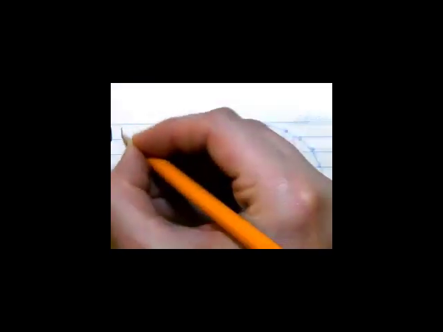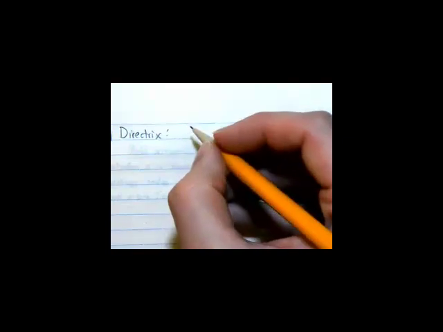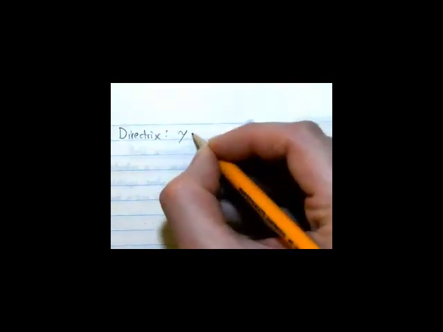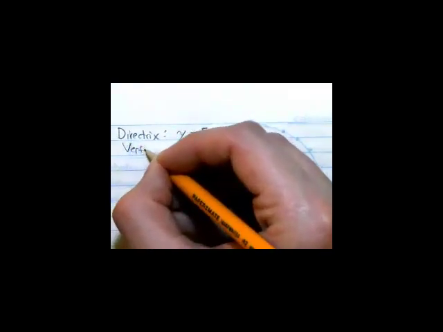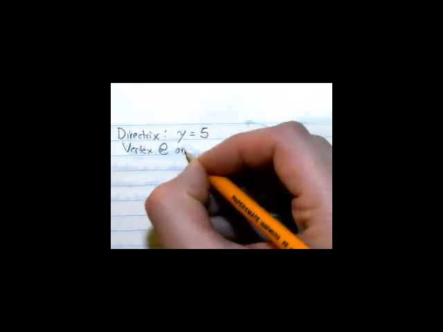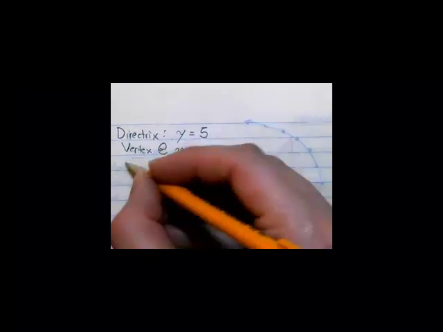Let's say the directrix equation is y equals 5. And again, vertex at origin. So what's the equation then?